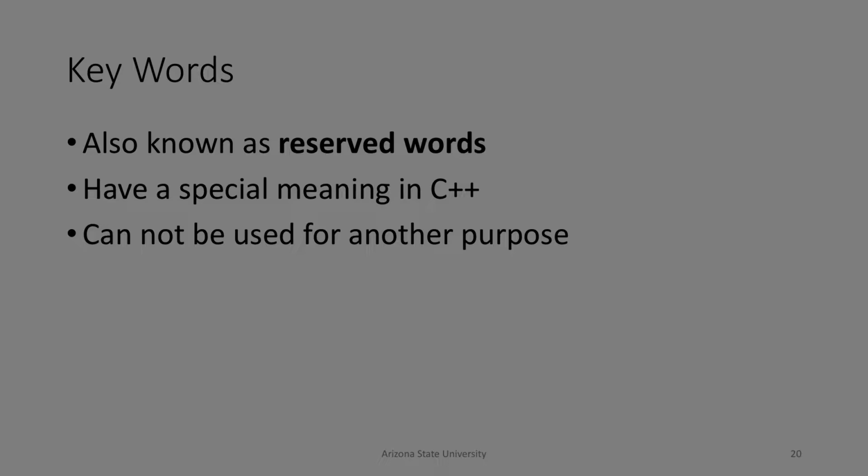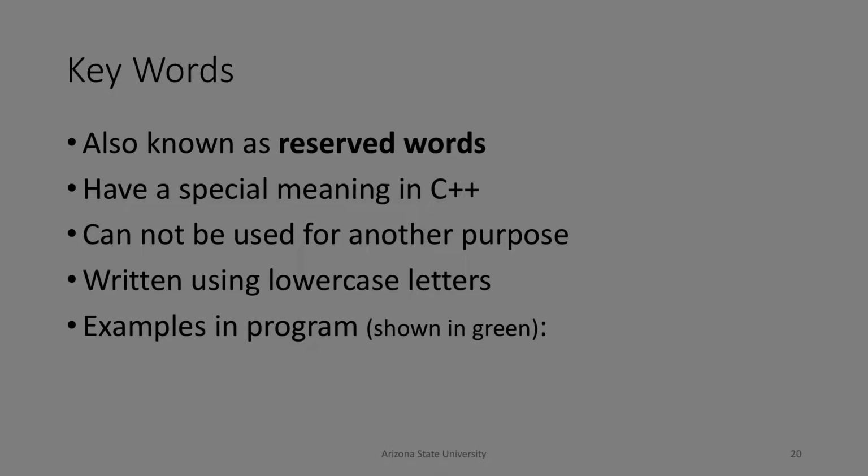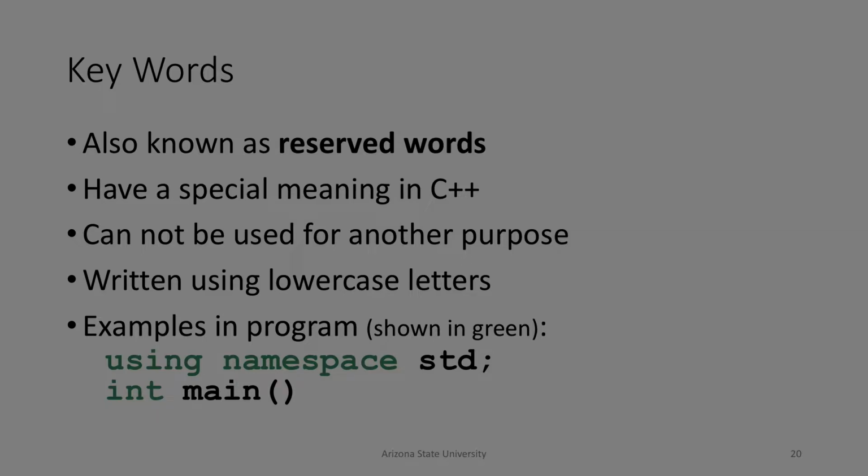They have a unique, purposeful thing in C++. In C++, for example, every single one of them is written in lowercase. If we look at the original program, we have these two lines. The ones in green, the using and namespace, as well as the int, those are reserved words. They have a unique meaning in C++ and can't mean anything else.